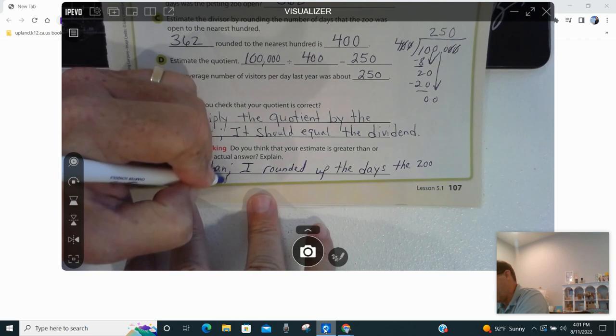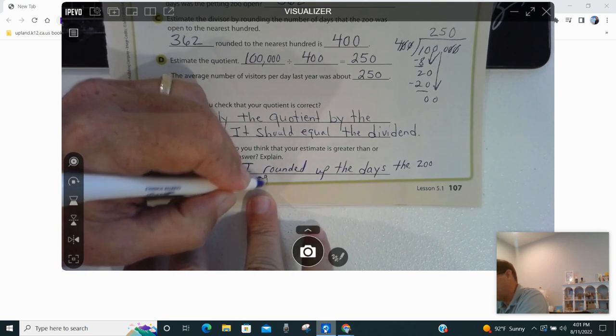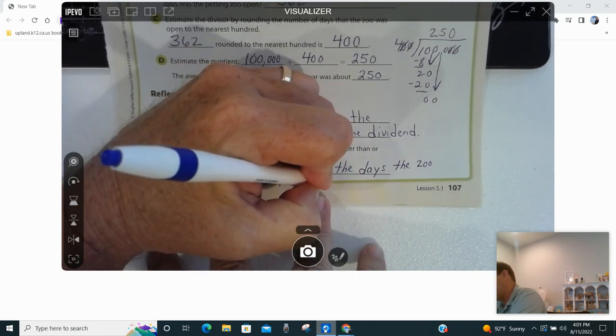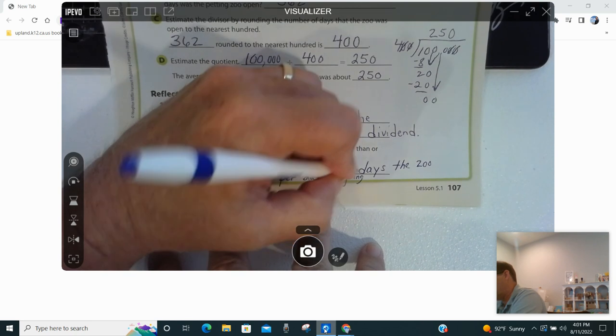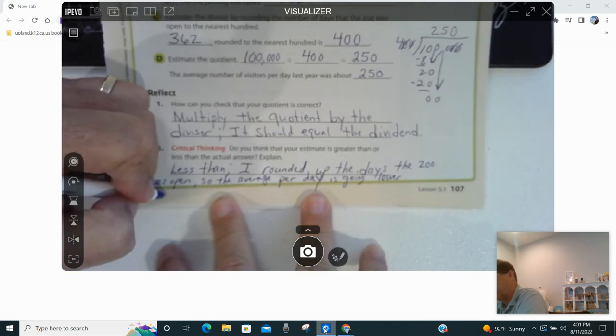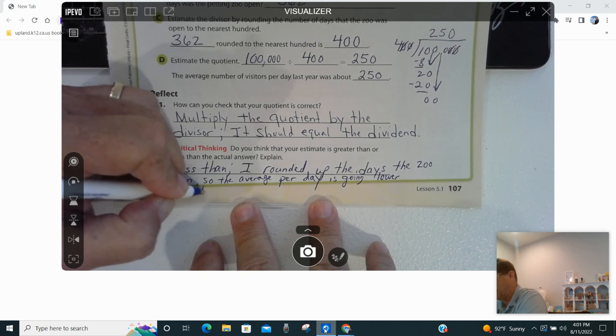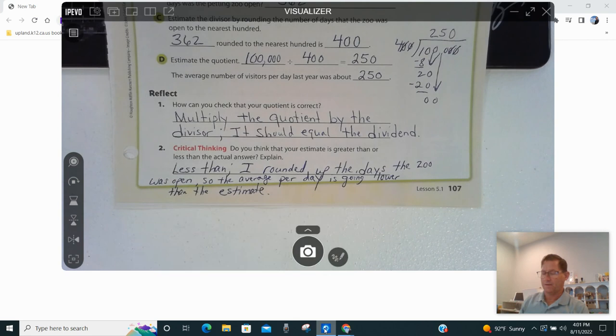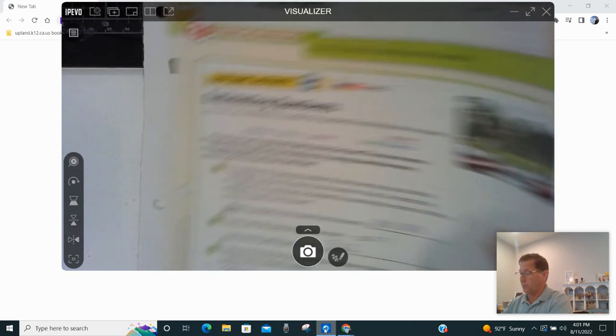So the average per day is going to be lower than the estimate. Because we rounded both the numbers up, we got a quotient that was higher than it would be in reality. All right, so let's go to 108.